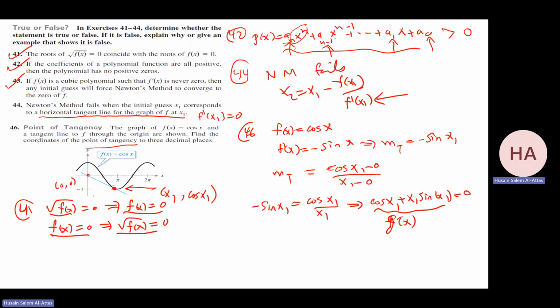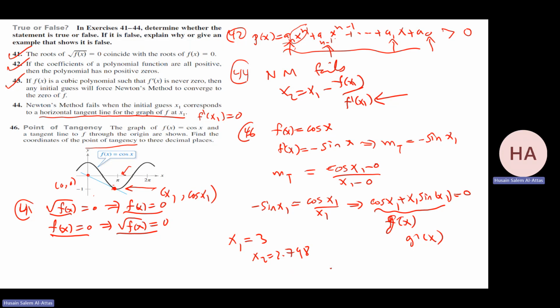I know a good starting point is 3, since this is 3.14. If you do this, I need to find g prime and use Newton's method. I have x2 is 2.798, x3 will be minus 0.942. No, this is not correct.